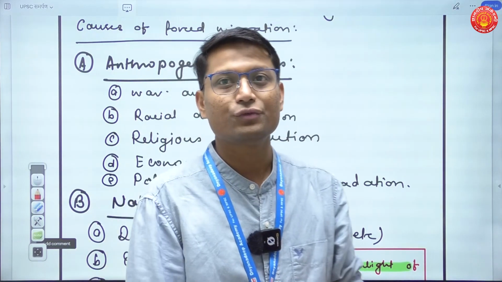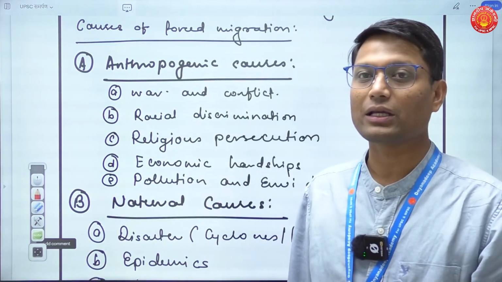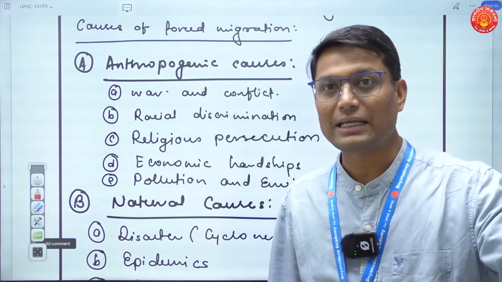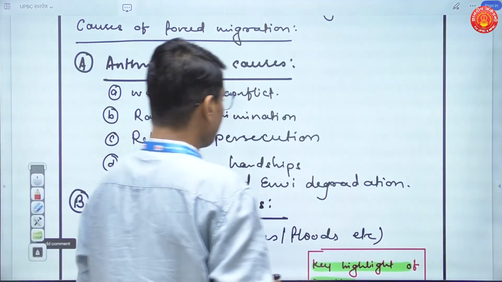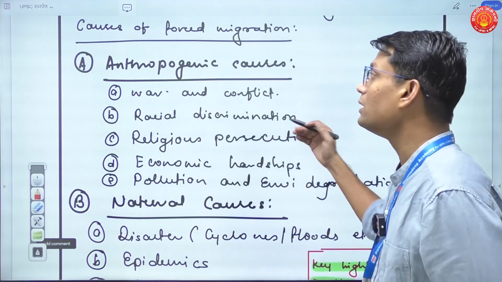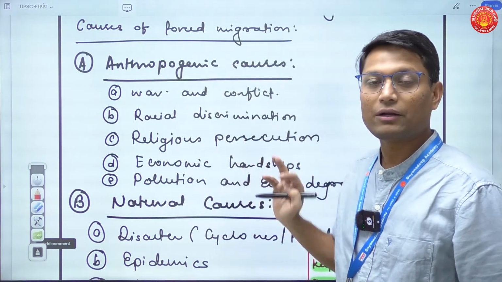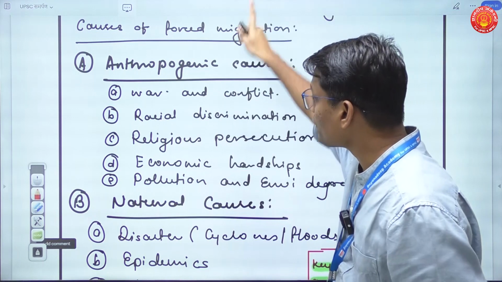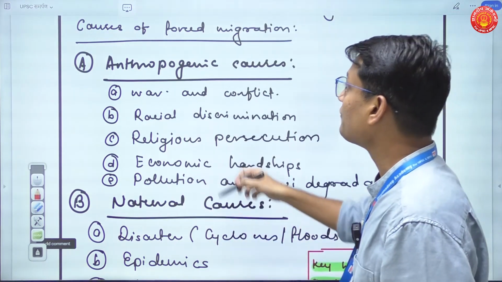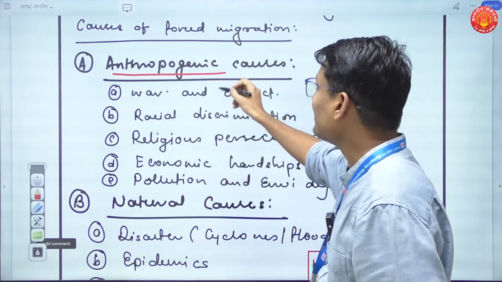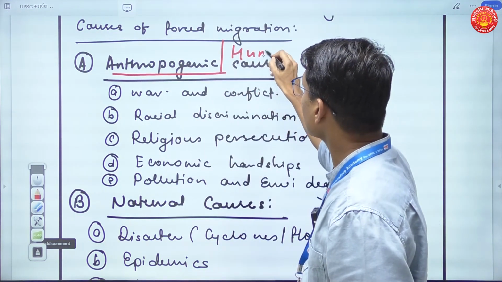Now everyone of you knows the causes of forced migration, but when it comes to writing them, whenever I write an answer, I make multiple subparts of it. There will be one candidate who will write all of these causes one after another, but what I prefer here is to talk about anthropogenic or human causes.